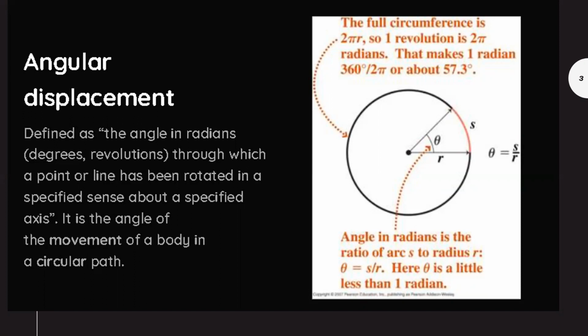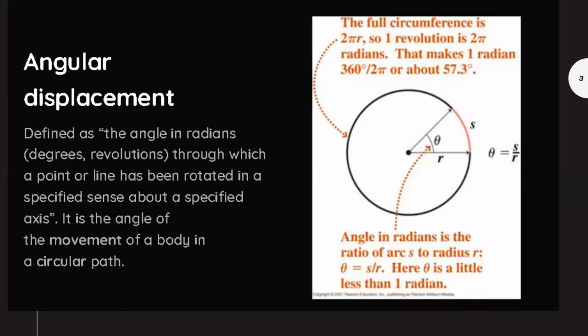Now, let's repeat here, but in definitions. The angular displacements. As I told you, there are two types of motion, angular and linear. In linear we have a distance, a velocity, and an acceleration.